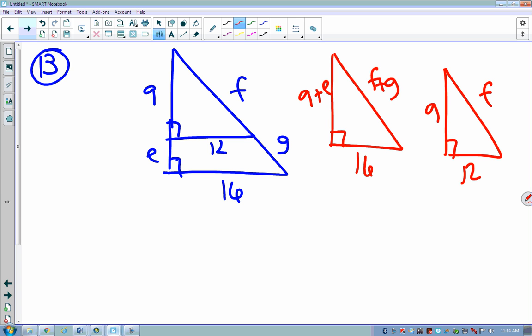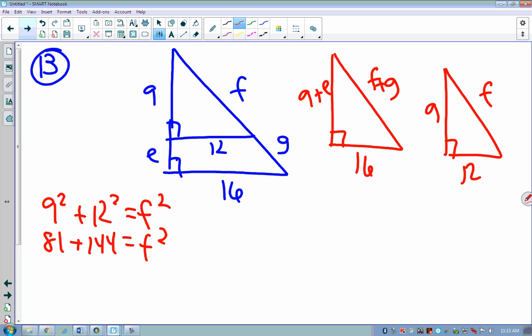F, right? Because Pythagorean theorem. 9 squared plus 12 squared equals F squared. 81 plus 144 equals F squared. What's 81 plus 144? What are we at here, number 13?